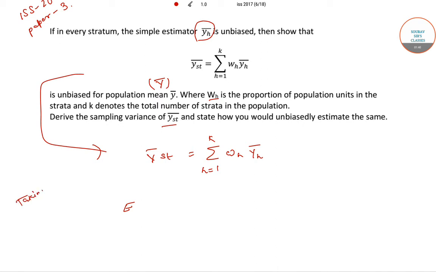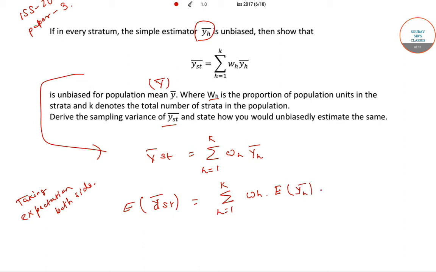Taking expectation on both sides, we get expectation of ȳst equal to the summation h goes from 1 to k of Wh into expectation of ȳh.